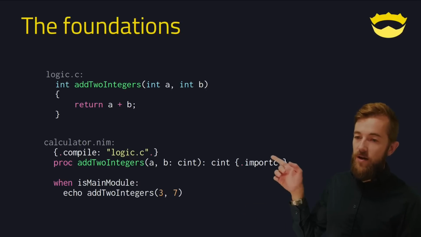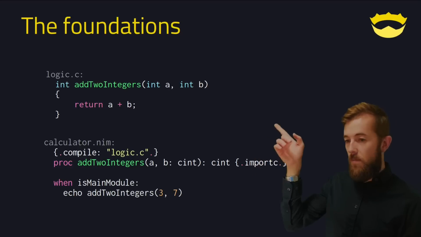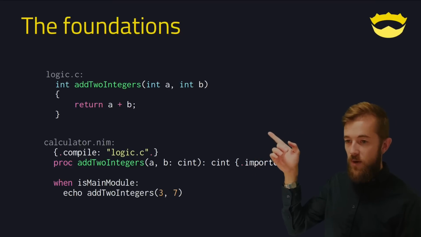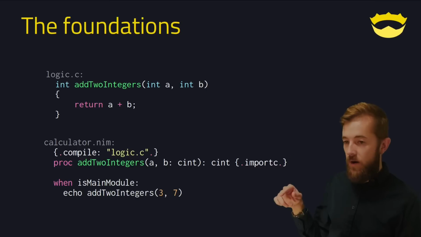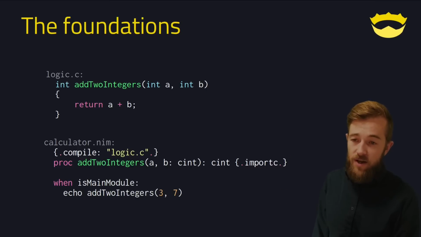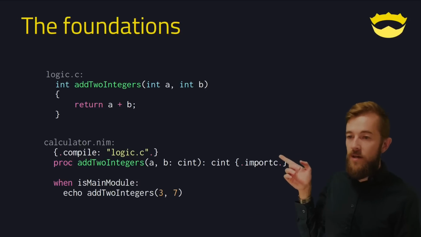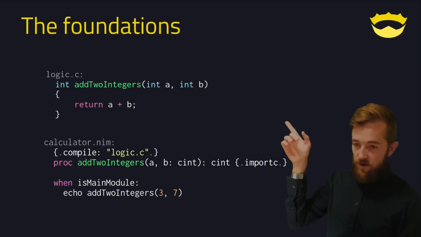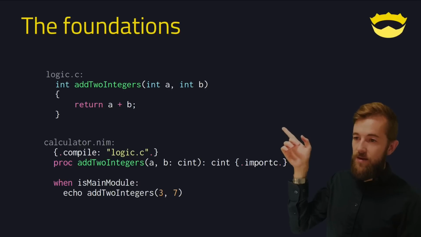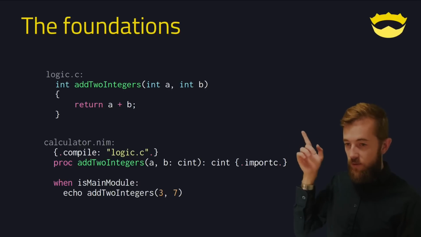We also need to tell Nim that we want to compile this logic.c module into our project, which tells the C compiler where those symbols are coming from. So the first line, compile logic.c, just tells the compiler that we also need to compile and link this C file into our project.